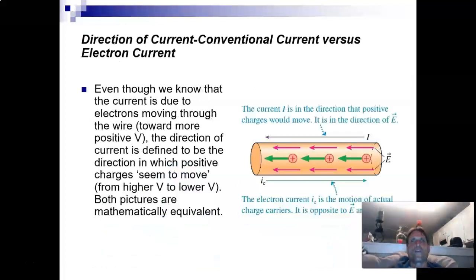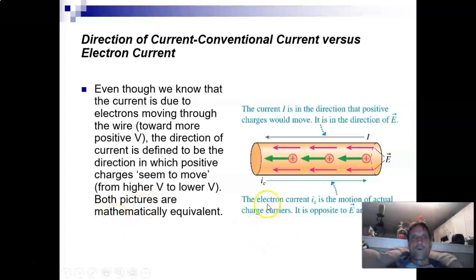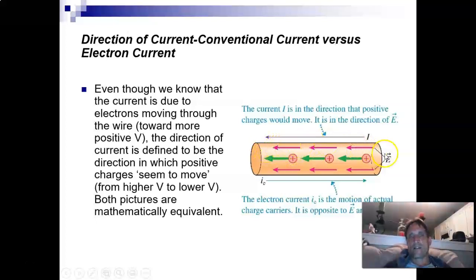So what we've done is we've calculated the magnitude. Now, the direction of the current. Well, we know that the current is due to electrons moving through the wire. Technically, in this case, it would be the electrons. If you have the field pointing right to left, the electrons would go against the field, so really the electrons are moving left to right.